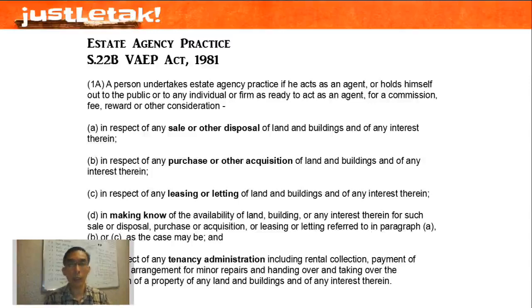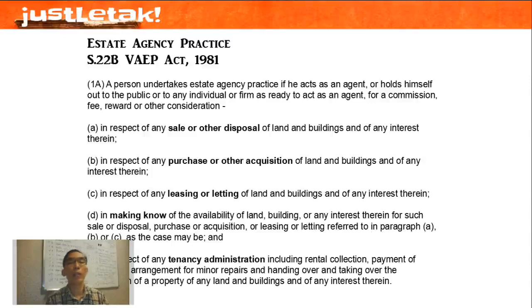It's not about being appointed to kill somebody. That is called an assassin. It's not estate agency practice, nor is it being authorized to, for example, bring goods from point A to point B, and then you become a transporter.